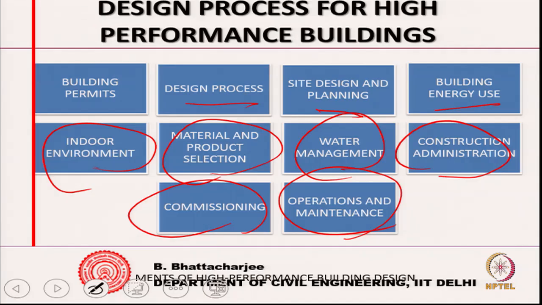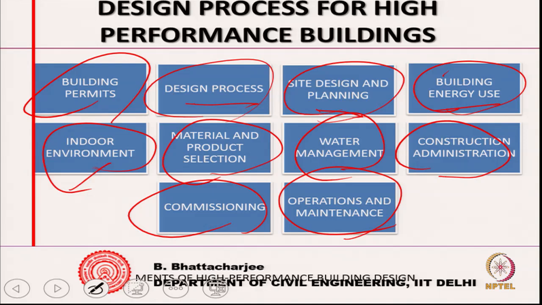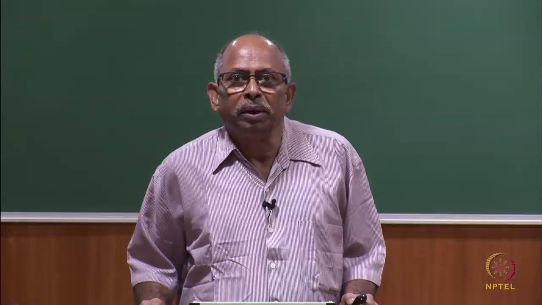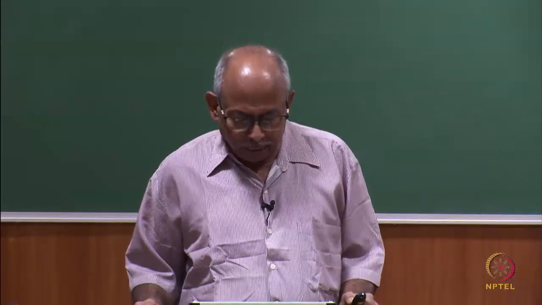So, you can see that first is obviously all the legal aspects, then the process of design, then site planning, then look at the building energy use, indoor air quality, material and product, water management, then of course, the construction administration and commissioning, and finally, operation and maintenance during the life of the structure, the life of the building.